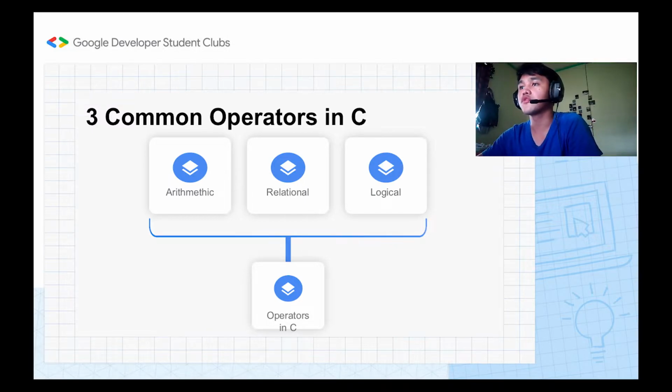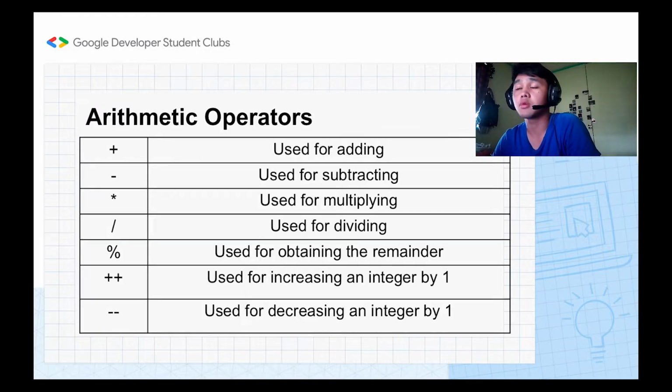And so for the first of this, we have the arithmetic operators, where 7 primary mathematical operations are included. Diri makita nato kung unsaon nato pag-implement ani nga mga operators under the C programming standards.